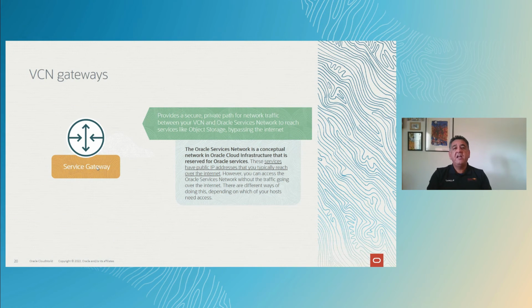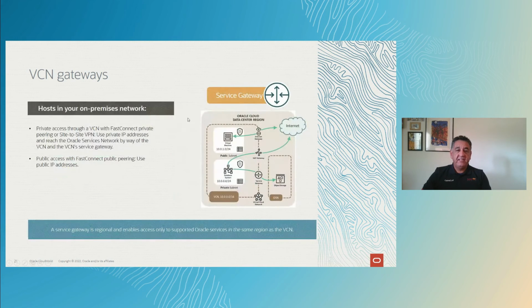So it's an unnecessary path, because you are already in OCI, and object storage and the autonomous database are OCI resources. So the service gateway will allow you to bypass the internet and remain on OCI. This is more efficient. So you need the service gateway on your virtual cloud network. That's what the service gateway does.